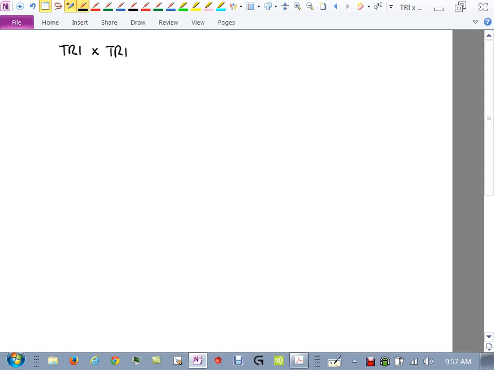Anybody have a guess as to how many multiplications we're going to have? Here's a trinomial. That's a trinomial, right? Here's another one. It's two trinomials, isn't it? We're going to have how many? 9.